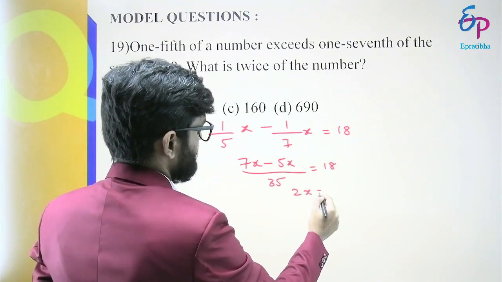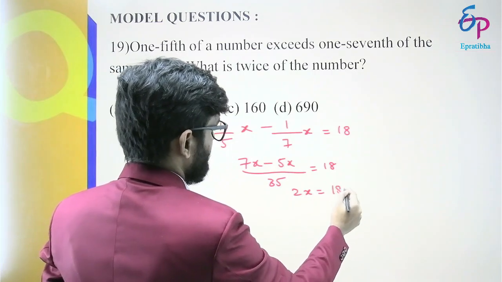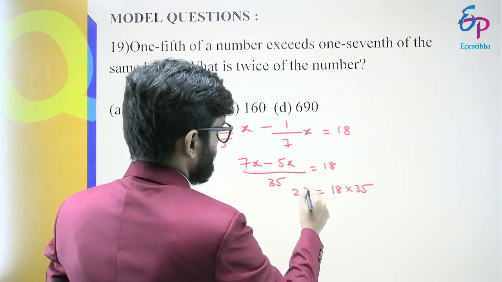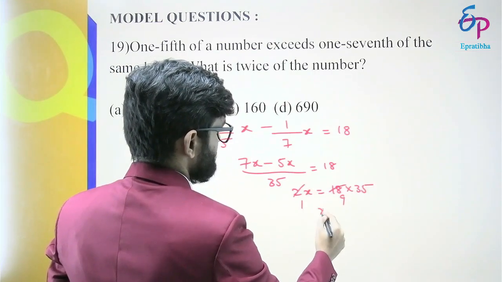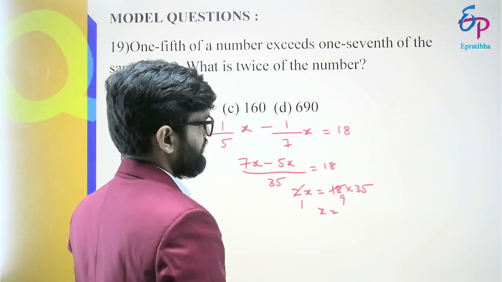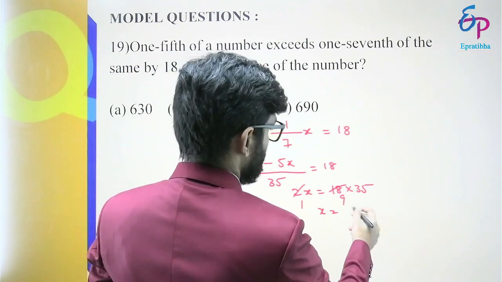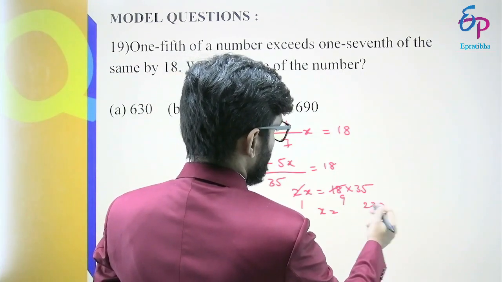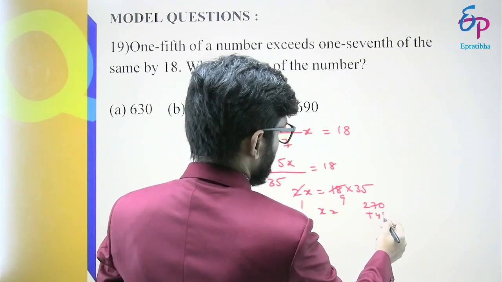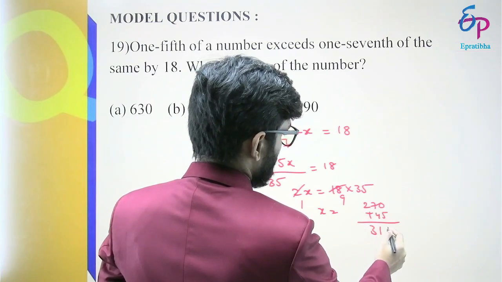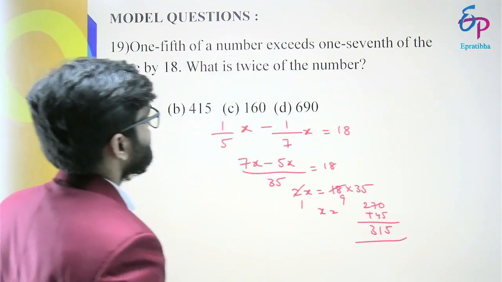This is 2x is equal to 18 into 35. 2 1s are 2, 2 9s are 18, so x is equal to 270 plus 45. It is 315.